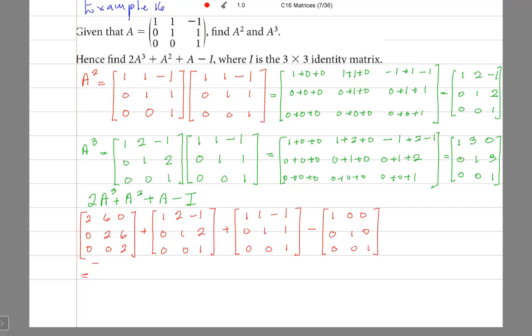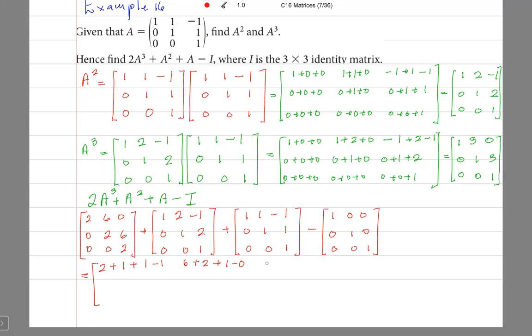All right, so let's work this out. When you add 2 matrices, you add corresponding elements. So it's 2 plus 1 plus 1 minus 1. In the middle, I have 6 plus 2 plus 1 minus 0.